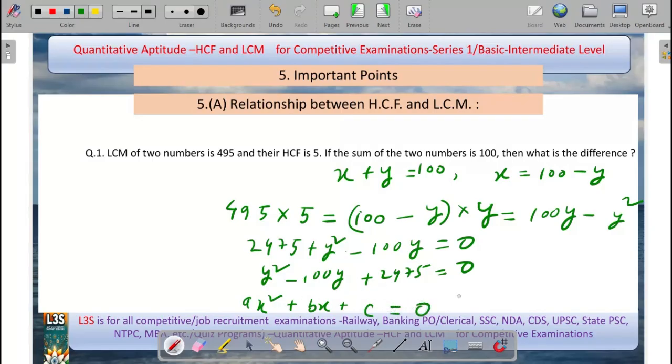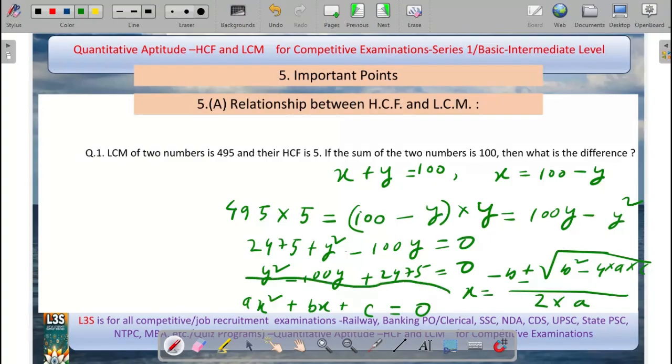The formula for the roots is x equals minus b plus or minus root over b square minus 4ac, by 2a. So we use this, but here it will be y, not x.